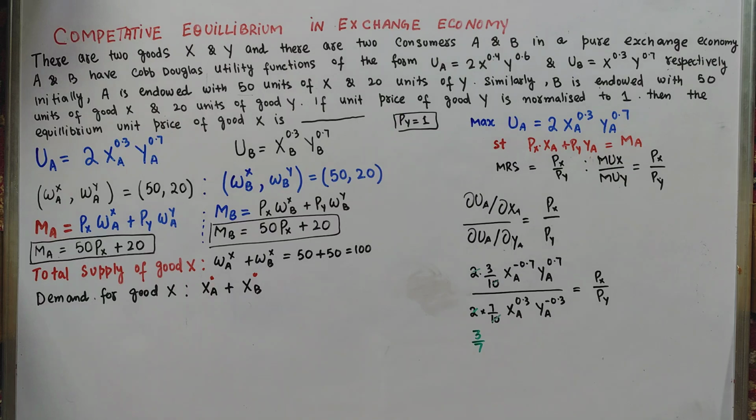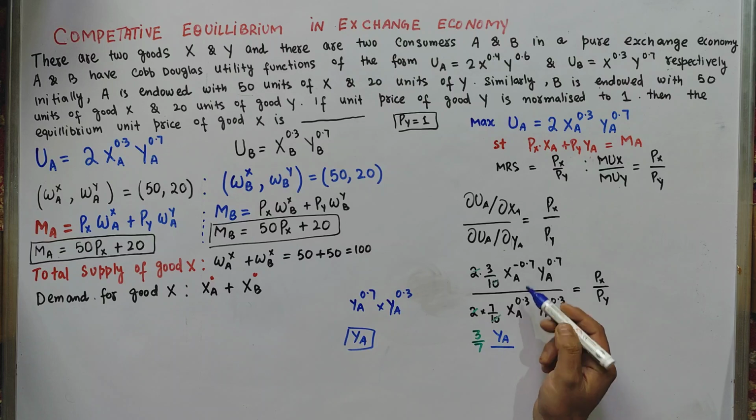Okay, let me explain it here, it will make more sense. So if I transpose this, we have y_A^0.7 in the numerator. If I transpose this y_A, it will get multiplied, but the exponent sign will change, it will become 0.3. Bases are the same, y_A^0.7 plus 0.3 comes out to be 1, so we will only get y_A in the numerator.